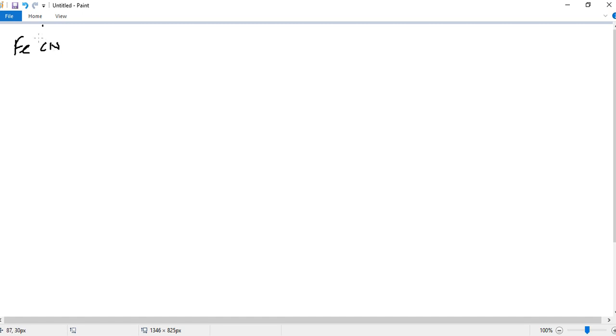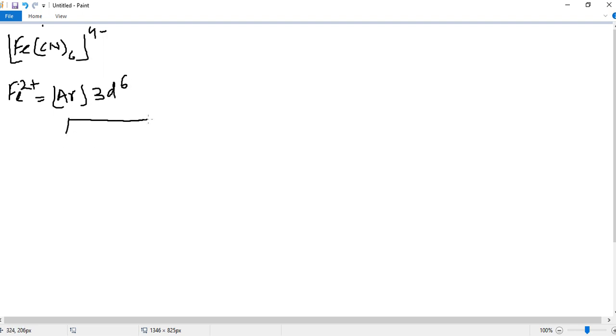Fe(CN)6 4 minus. Now again the same thing, Fe2+, the configuration is argon 3d6, 1 2 3 4 5 and 6.